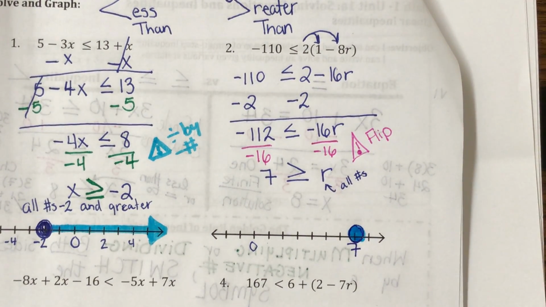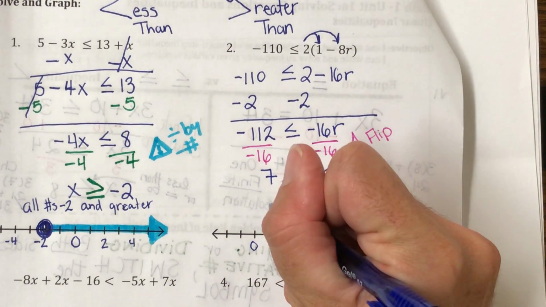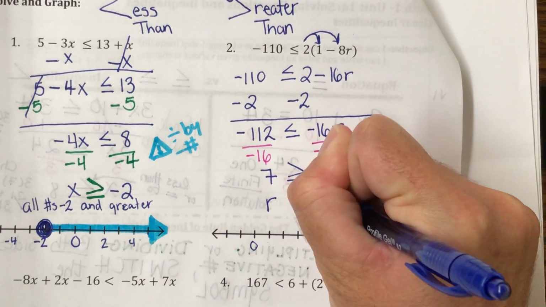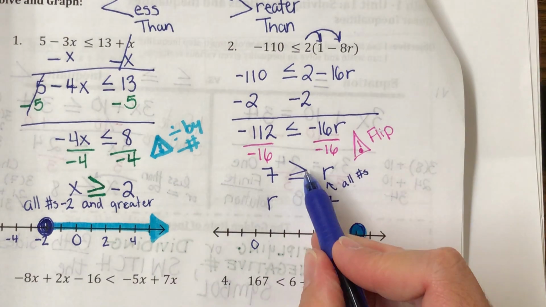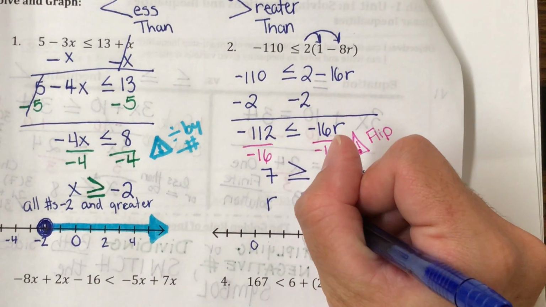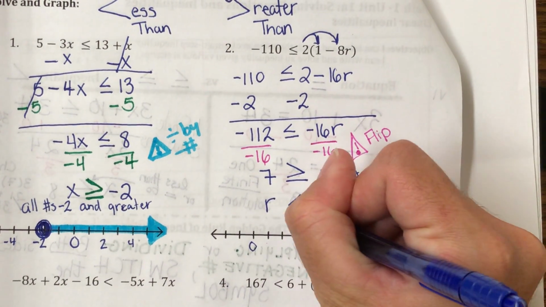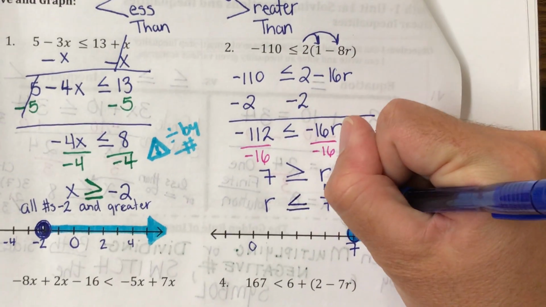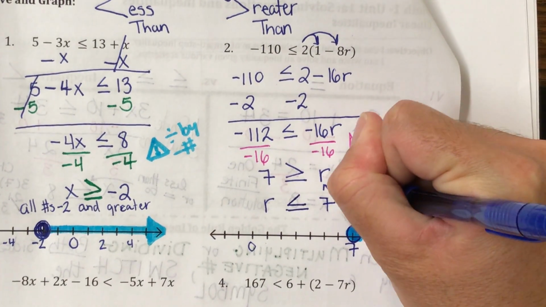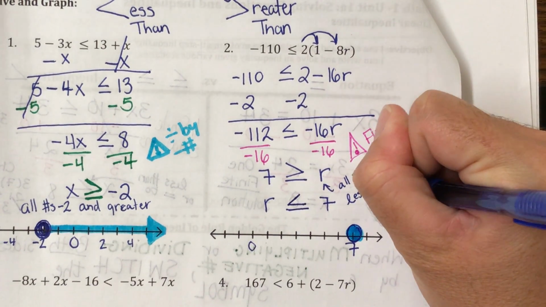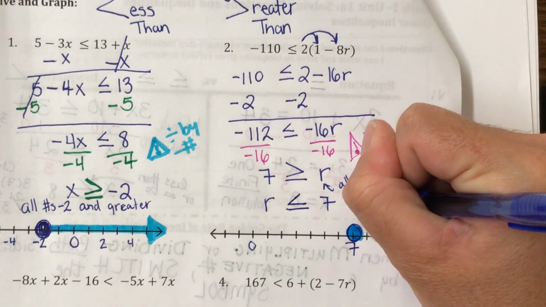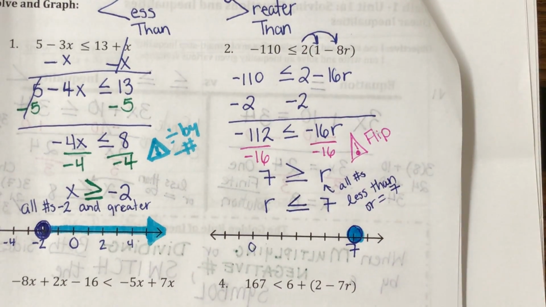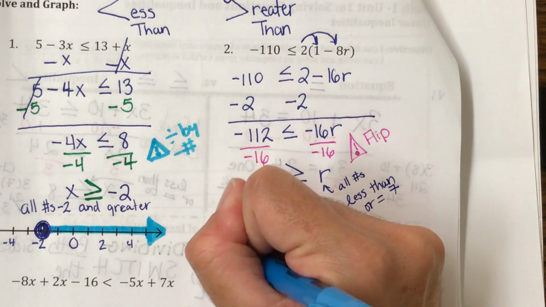But it actually needs to go this way. R needs to be on this side, 7 on this side. The tail is pointing to the R, and we want to keep it that way. So it's actually all numbers less than or equal to 7. So we are going to shade this way.